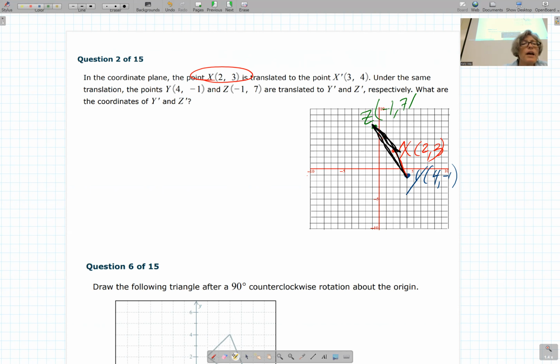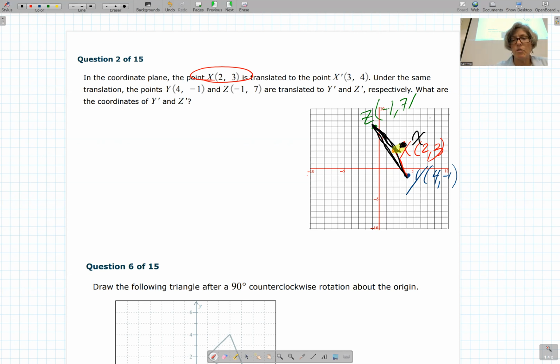And it says that you translate this X point to, translate means to slide around, 3, 4. So we're going from 2, 3 to 3, 4. So notice what the translation is here.